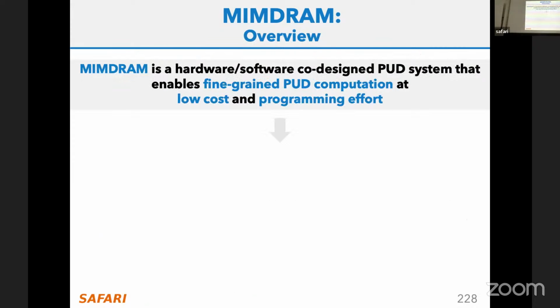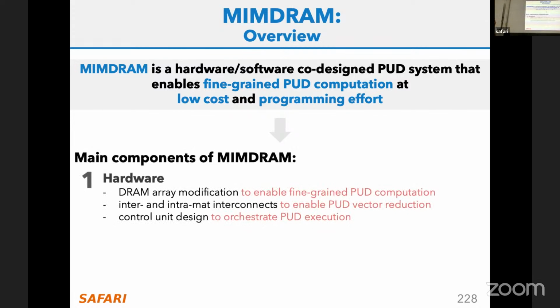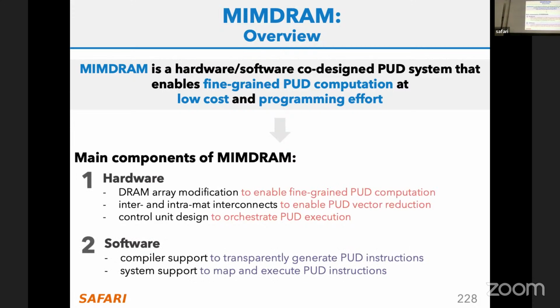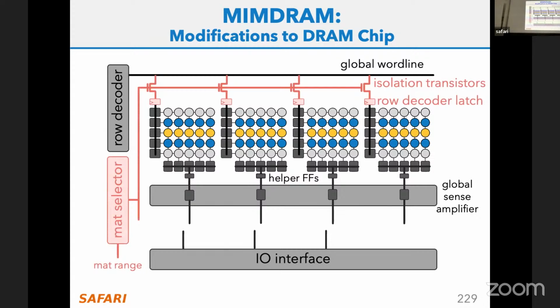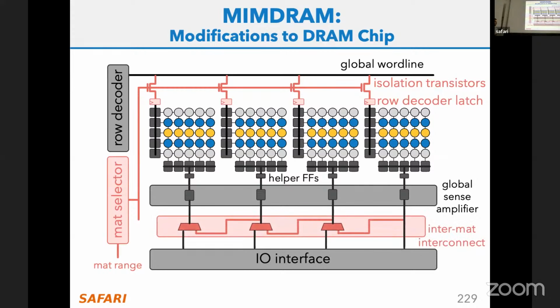Following this key idea, we propose MIMDRAM, which is a hardware-software co-design processing using DRAM system, which has both hardware and software components. Briefly on the hardware side, we propose some modifications inside the DRAM array to enable us to access individual portions of a DRAM subarray, and we have some low-cost interconnect that allows us to move data across adjacent DRAM mats.